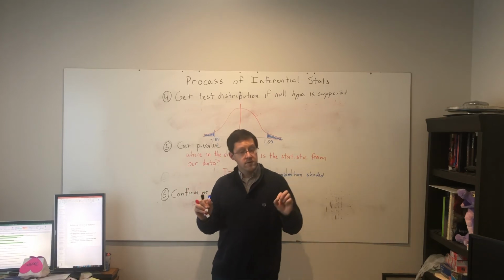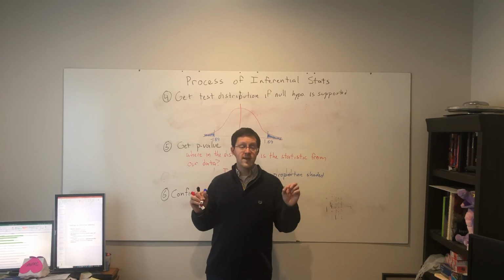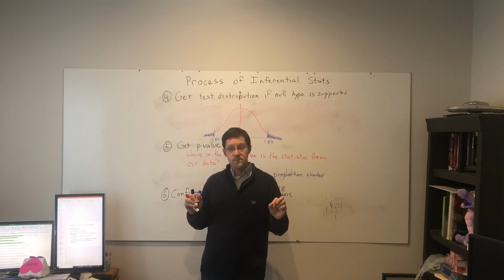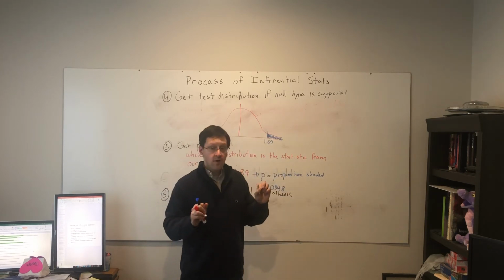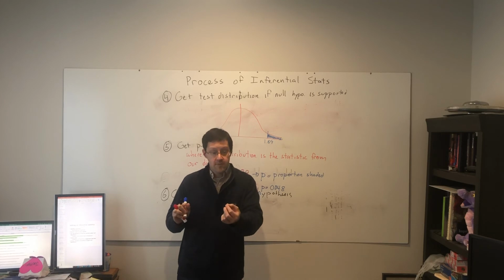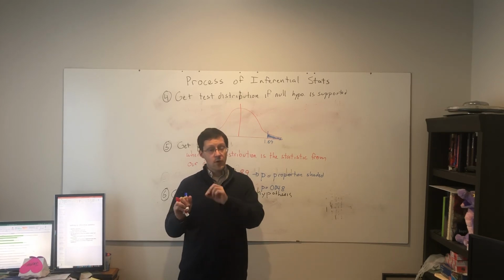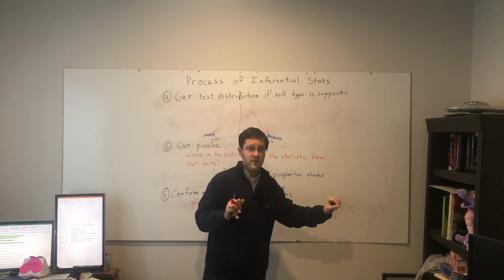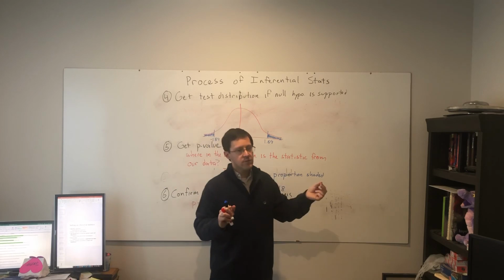So there are different ways that our data can introduce uncertainty into this process. And we are then again precise in trying to say the p-value is the probability that the null hypothesis is supported by the data, rather than the probability the null hypothesis is true.